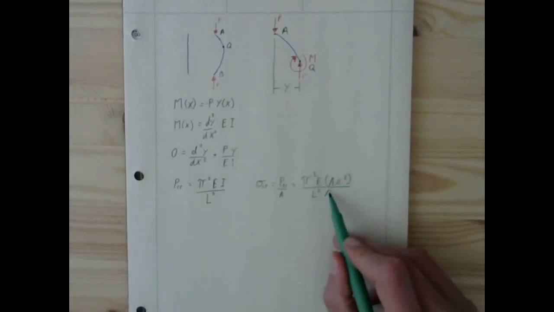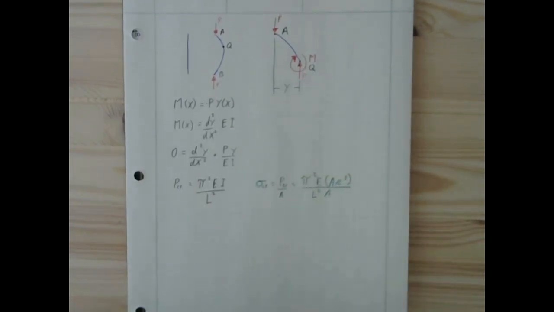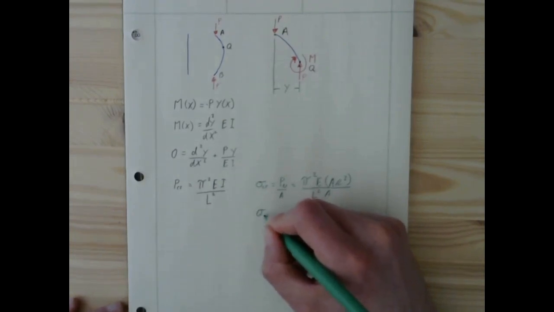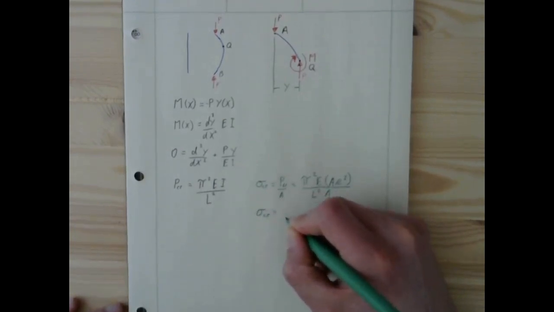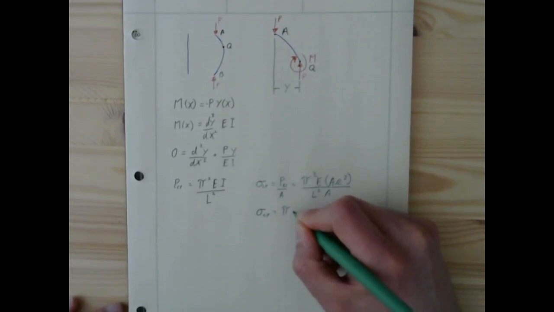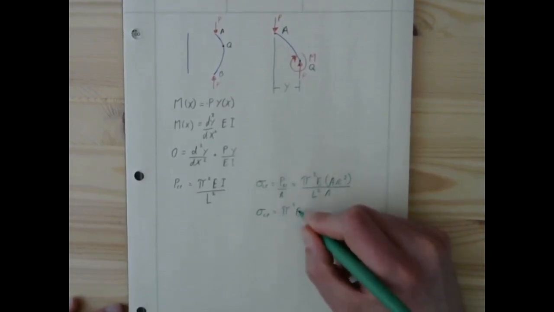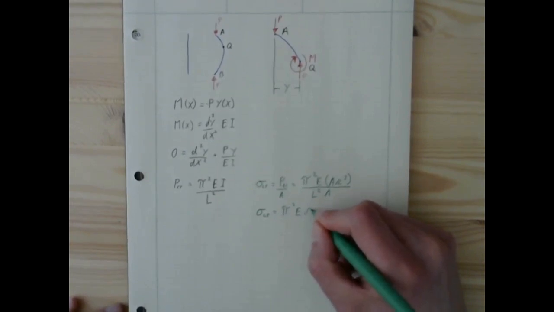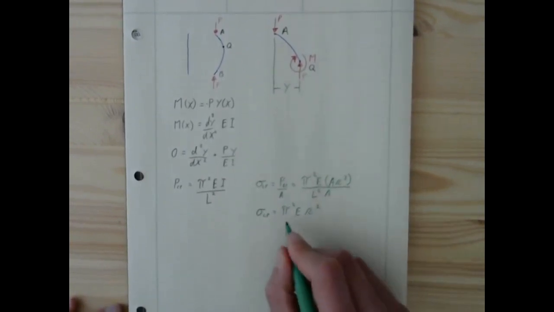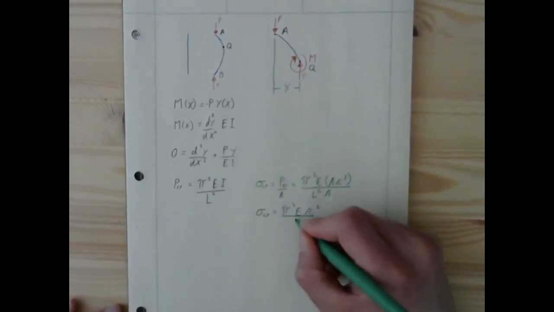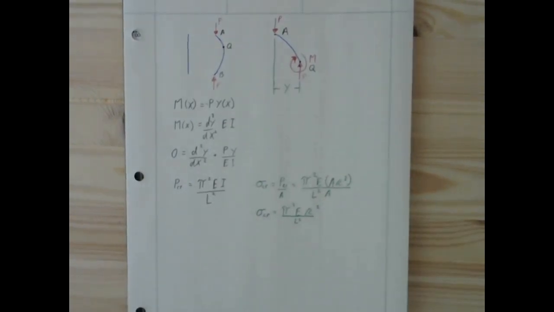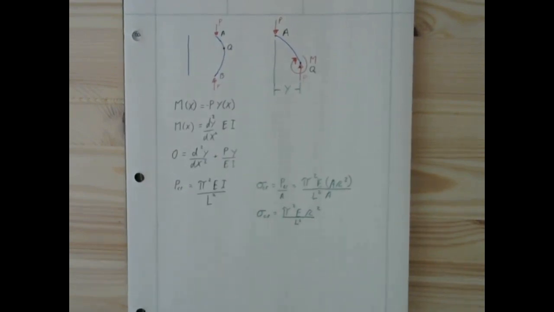Then we can cancel those two out, and we end up with pi squared, the Young's modulus times the radius of gyration squared over L squared. So this is a new value to limit our allowable stresses.